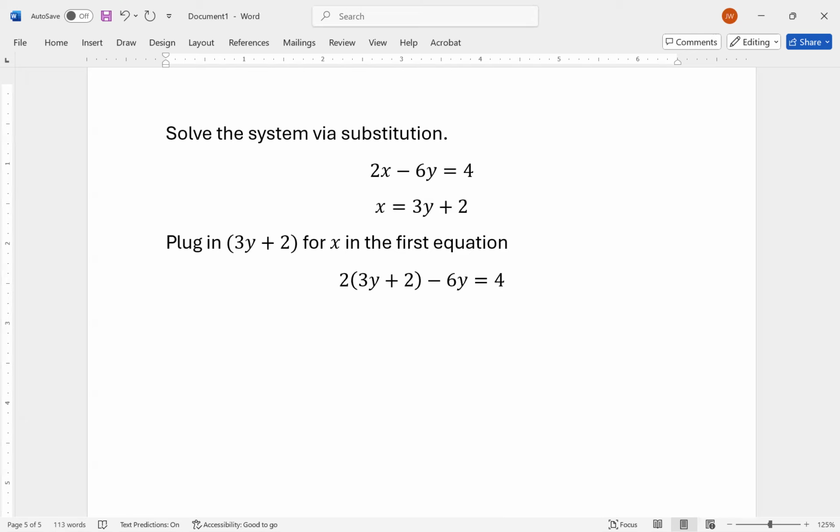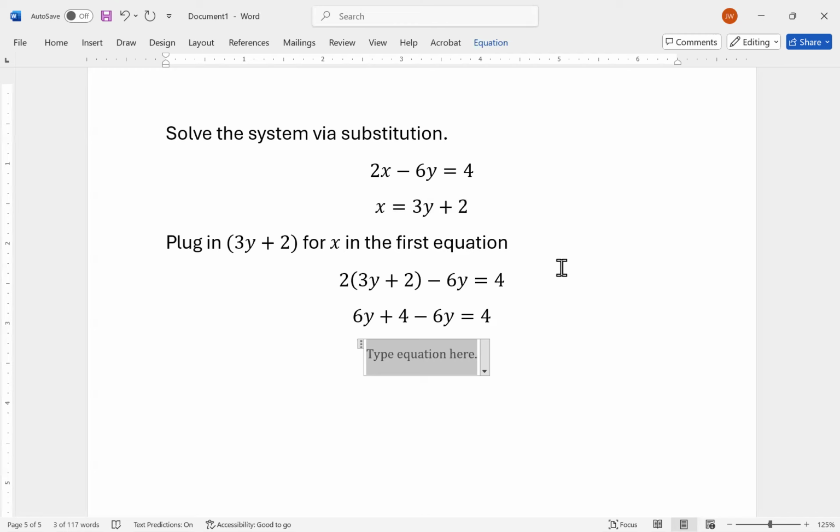Now I'm going to solve for y. Distribute the 2, I would get 6y plus 4, then minus 6y is set equal to 4. Now something really strange happens here because both the 6y and the minus 6y are on the same side of the equation.